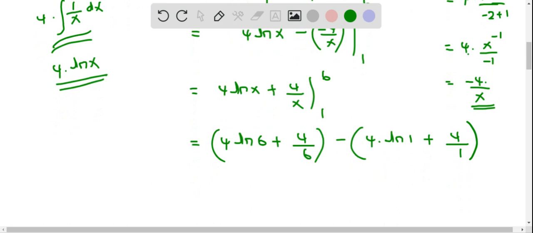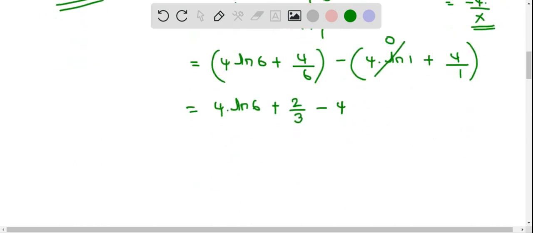Let's calculate this. This equals 4 times ln 6 plus 2 thirds, since 4 sixths simplifies with the common factor of 2 in the numerator and denominator. And 4 times the natural logarithm of 1 is 0, because the natural logarithm of 1 is 0. And then 4 by 1 is 4, so it is negative 4.